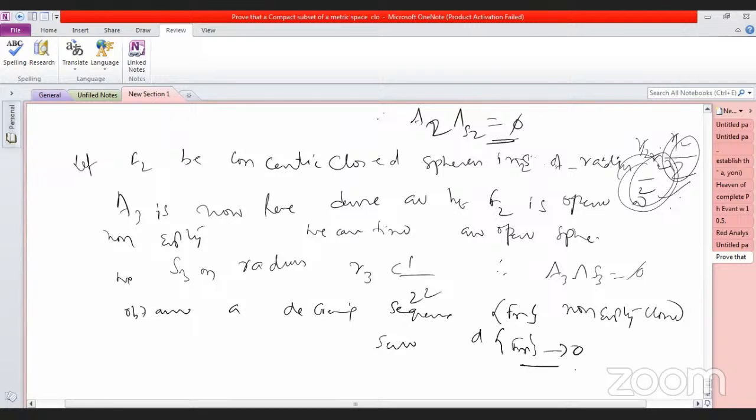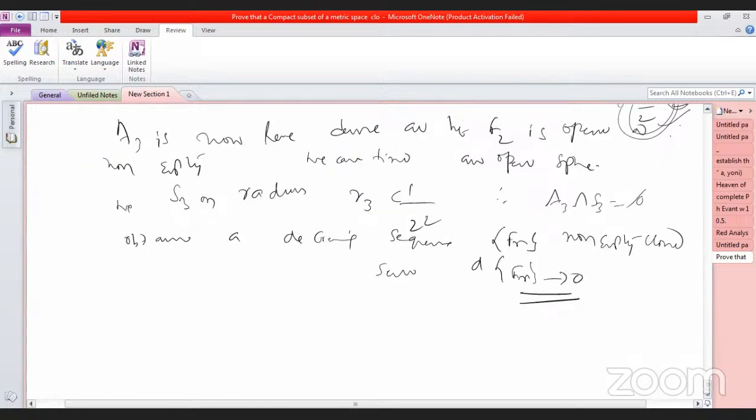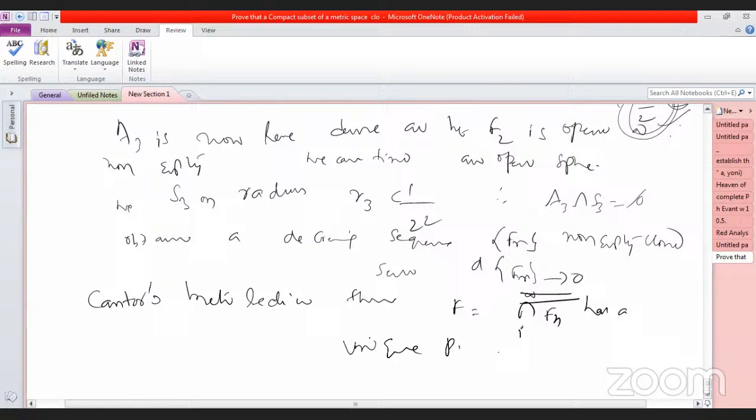So therefore, by the Cantor intersection theorem, which I explained earlier, the intersection of F_n from 1 to infinity is a unique point, as a single point, x belongs to it. Therefore, the condition is satisfied. Clear?